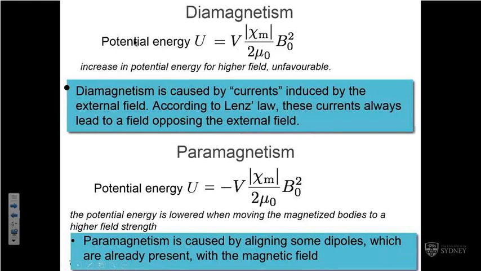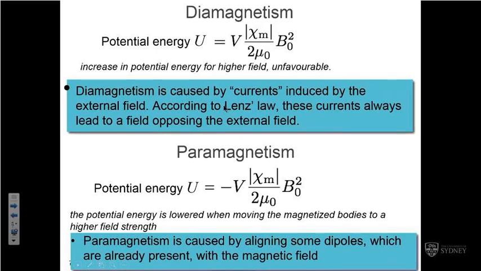If you think about an atom, nucleus, and an electron going around in a magnetic field, then this electron will induce, you can think of it like a current going around, and that will create a magnetic field in a direction that opposes the applied magnetic field. You will all be familiar with Lenz's law, so you can think of it like that for diamagnetism.